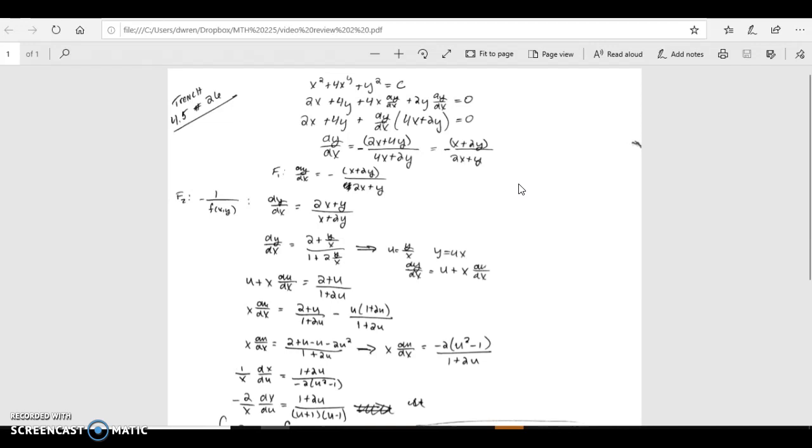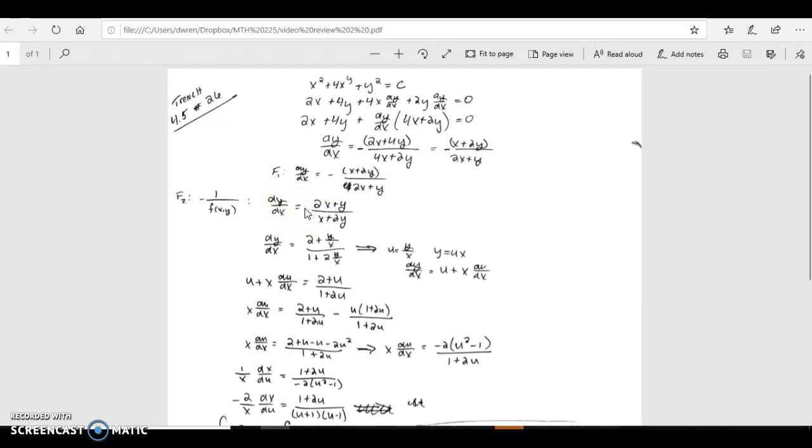This will be our f1, and now to find the orthogonal trajectory, or f2, you would take the negative reciprocal of f1, which in this case would be dy over dx equals positive 2x plus y over x plus 2y.